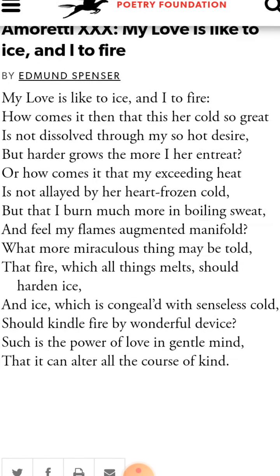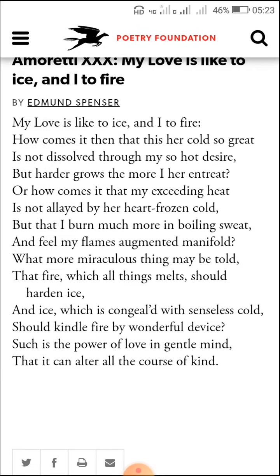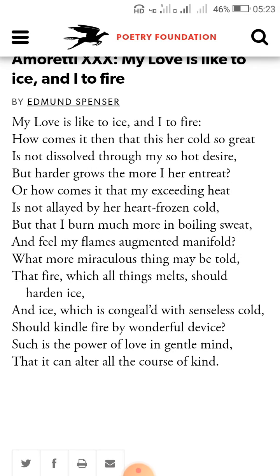However, the partner of the poet is cold, but that coldness is not decreasing the fire of love in his heart. It should have been that the coldness of one partner's heart may decrease the love of the partners.